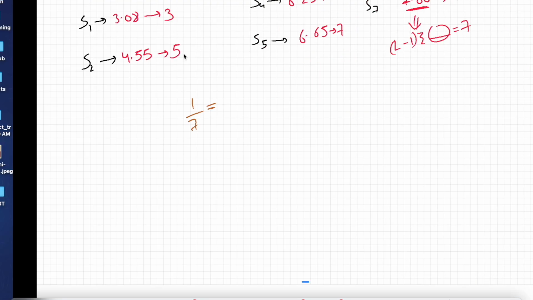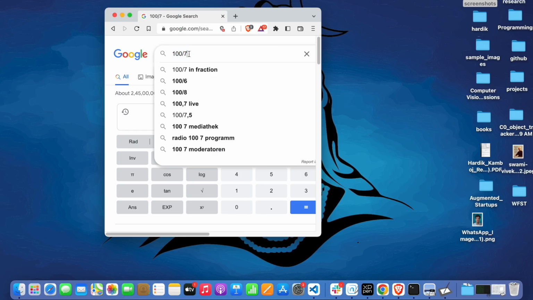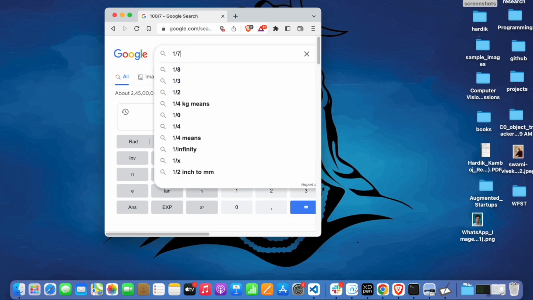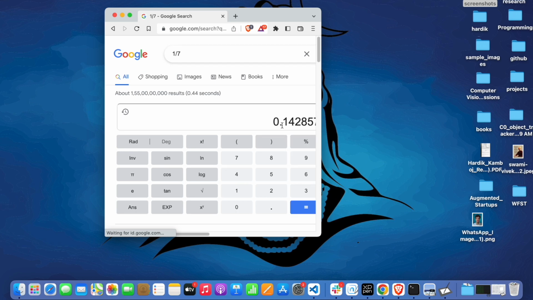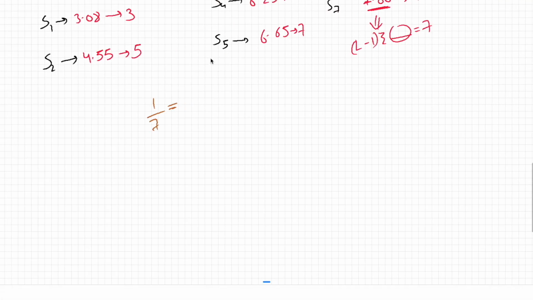Oh actually wait, 1 divided by 7 is 0.14. So we expect that the histogram should be a flat line at 0.14.